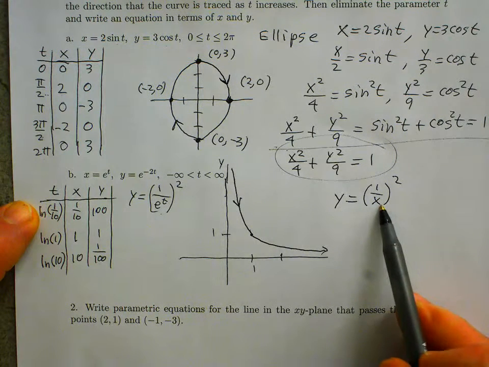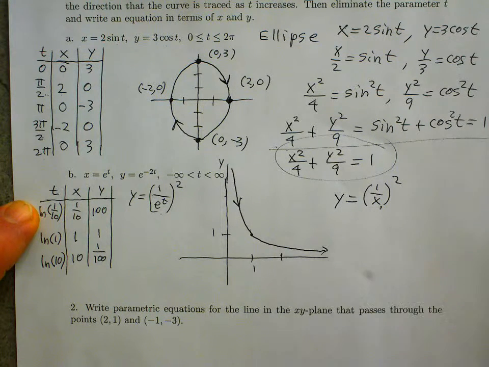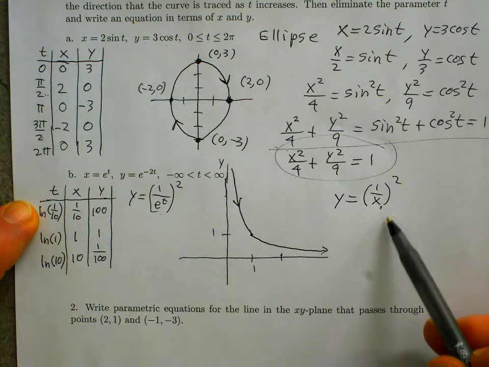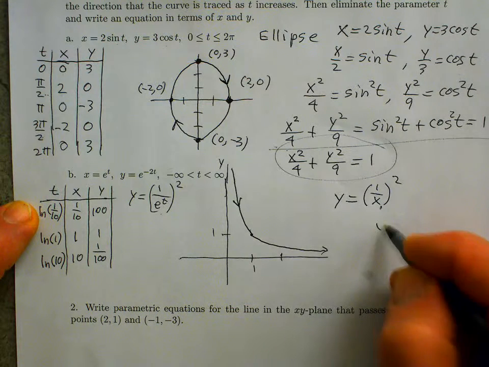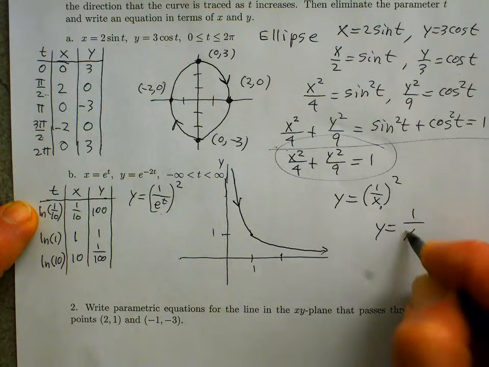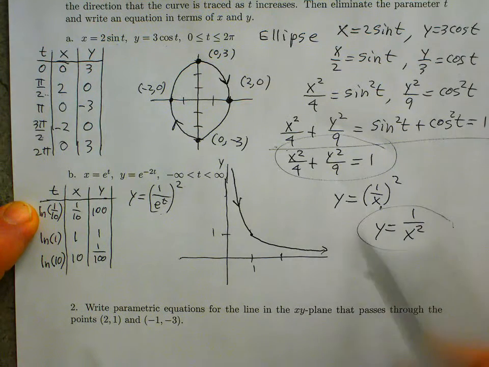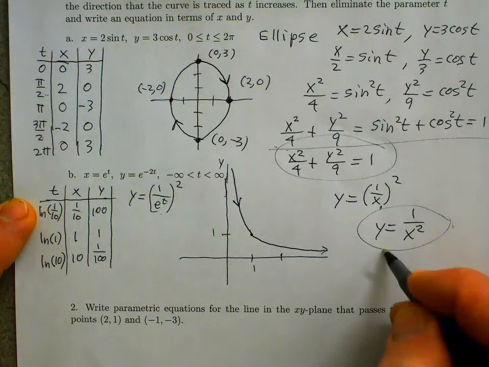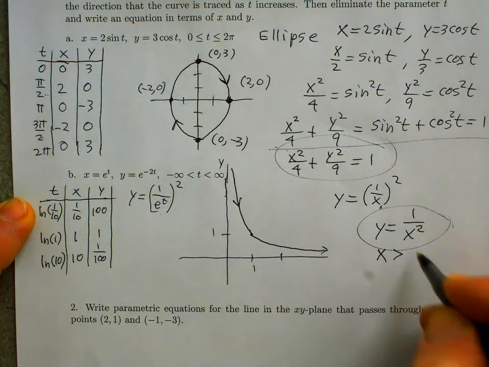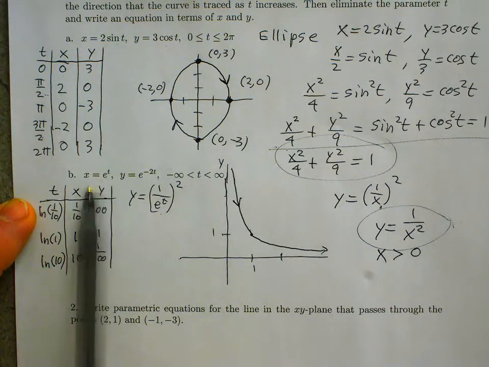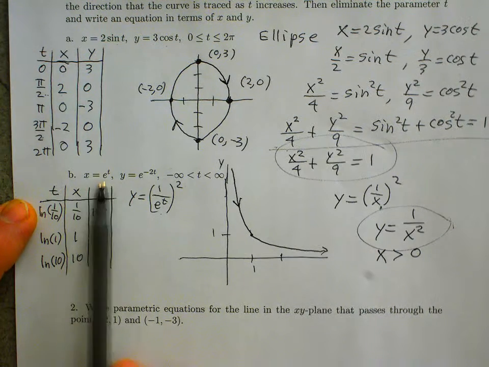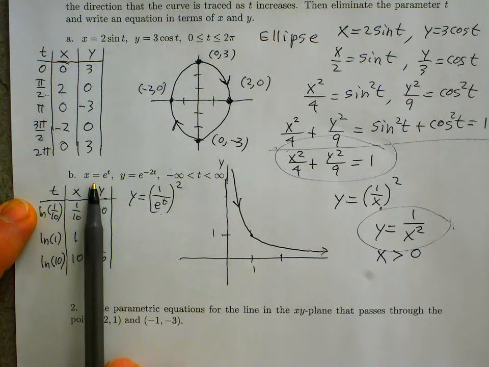And this is perhaps not the most conventional way, so you can rewrite it as y equals 1 over x squared. The domain is x greater than 0 because the way the parametric equations are defined, x has to be positive.